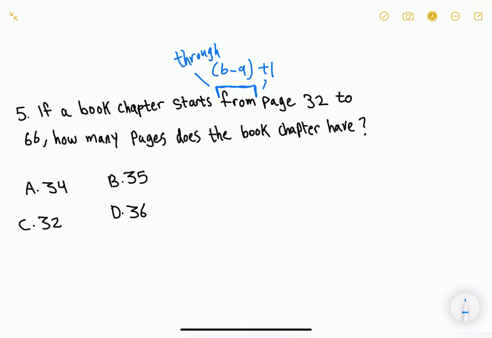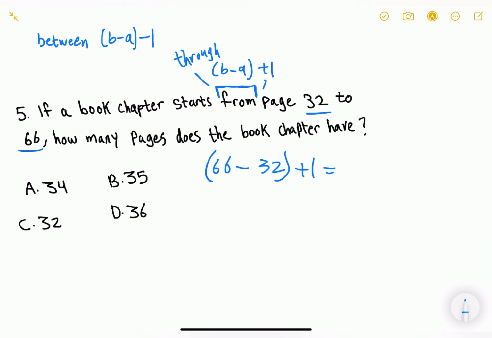And there's another rule that you can apply to the word between. Between is B minus A minus 1. Since we noticed that it's from, we have to identify the B and the A. So B is 66 minus A, 32, and then you add 1.